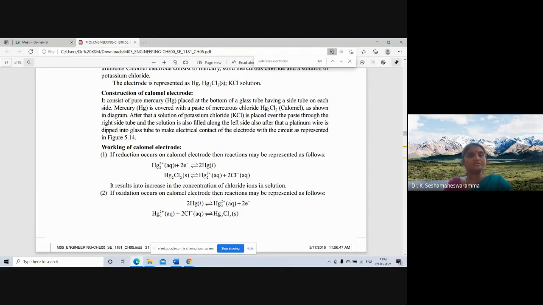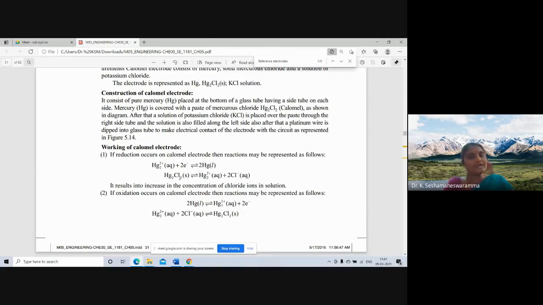Here, this is the reduction. Reduction in the sense of accepting electrons. So, mercurous ion took electrons and converted into the mercury.